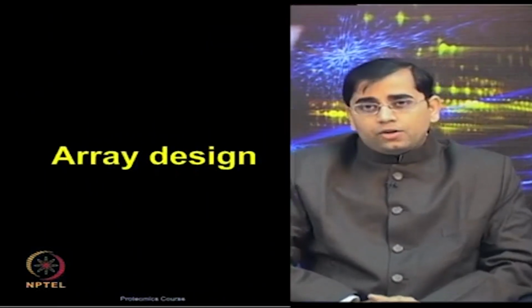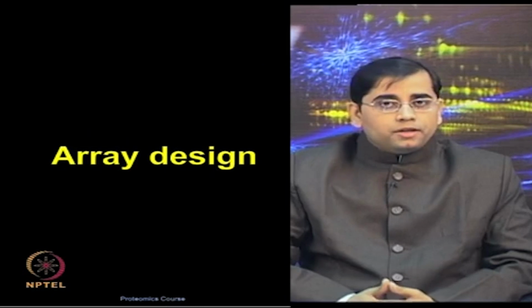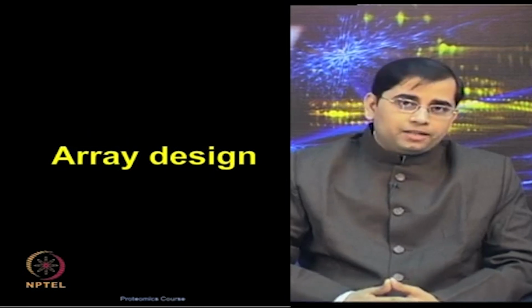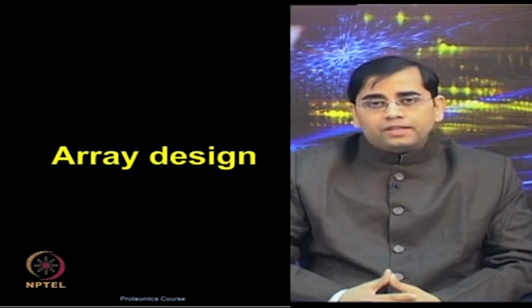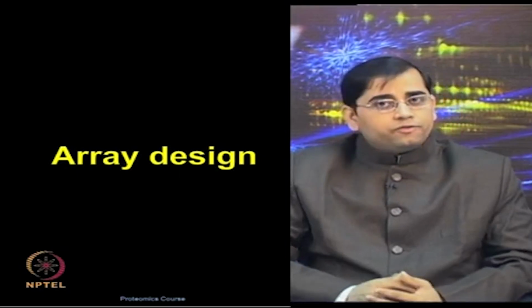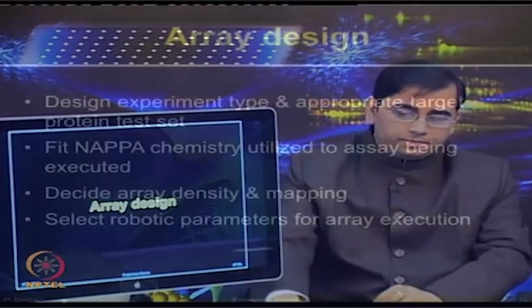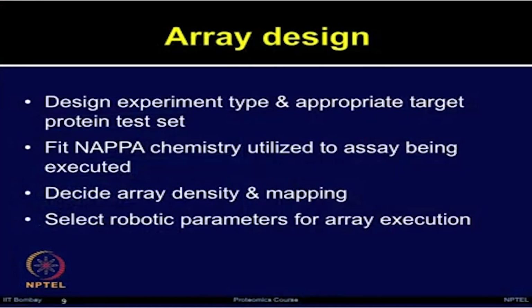As I mentioned, a lot of thought process goes in even before starting these experiments. One needs to do a literature review, and look at their experimental objective very carefully even before moving forward with any of the printing steps. So, design the experiment type and an appropriate target protein test set.